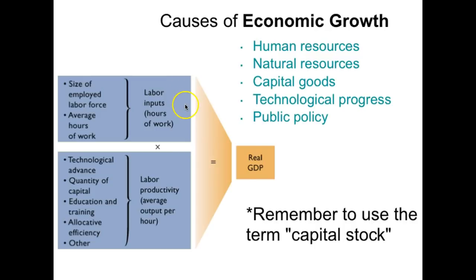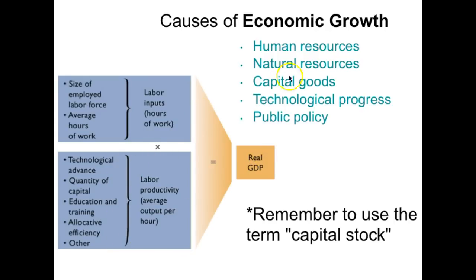So if you look down here at this little formula for real GDP, it's number of hours of work done by people times the output per hour that's going to give us real GDP. So yes, we can get there by simply adding more people. But remember, productivity is a better way to get there because that will have a bigger impact on standard of living.